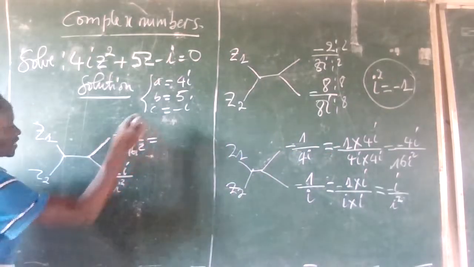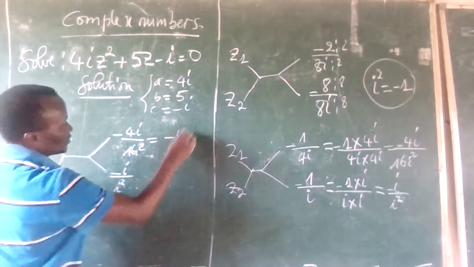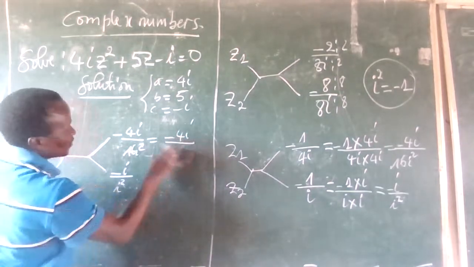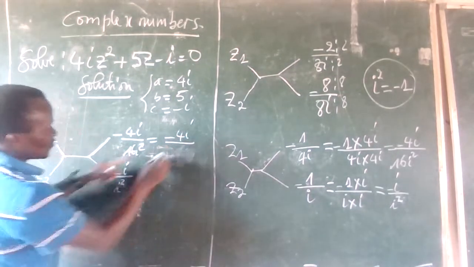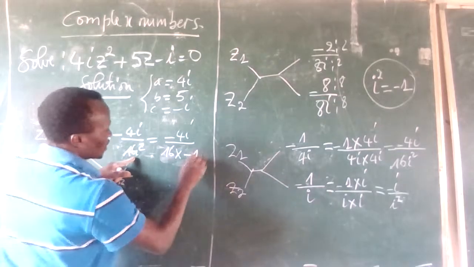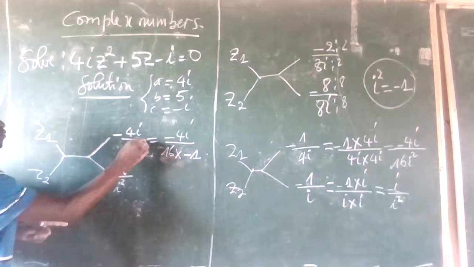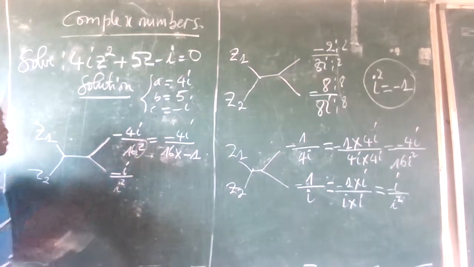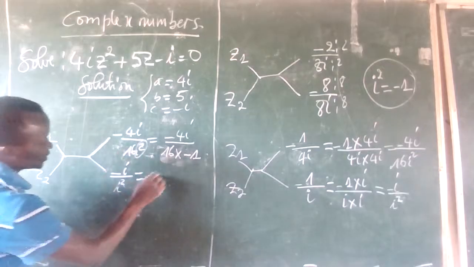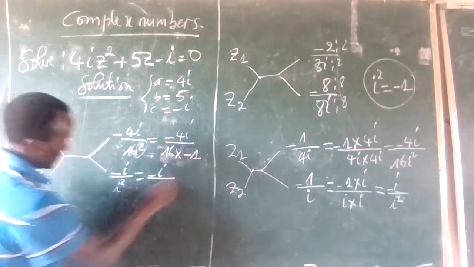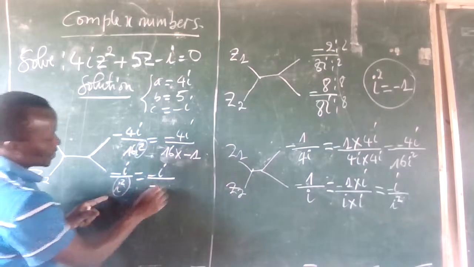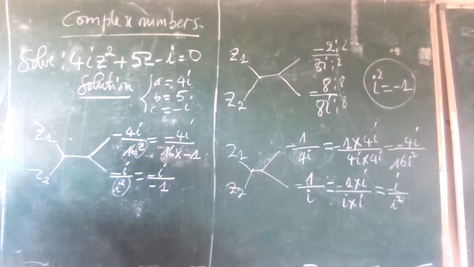So now let's have minus 4i over minus 16, it means over 16 times minus 1 as the value of this i square. Now it is i over this value of i square, which is equal to minus 1.